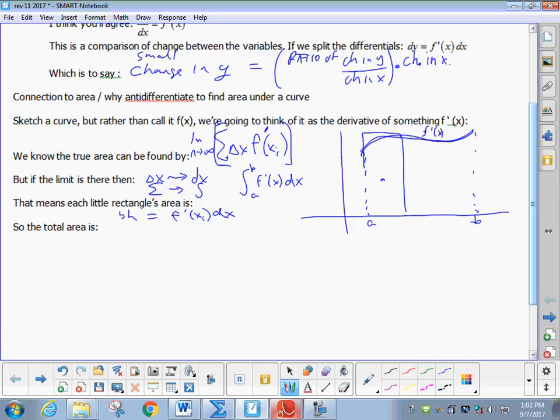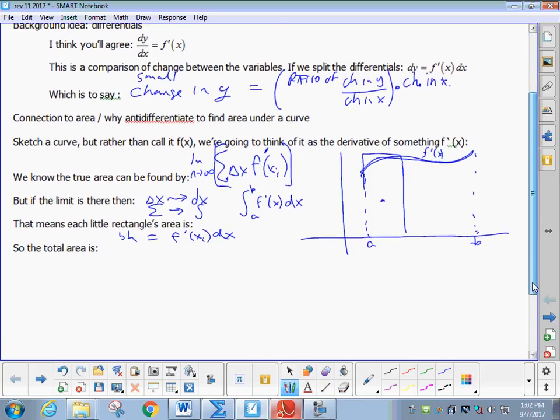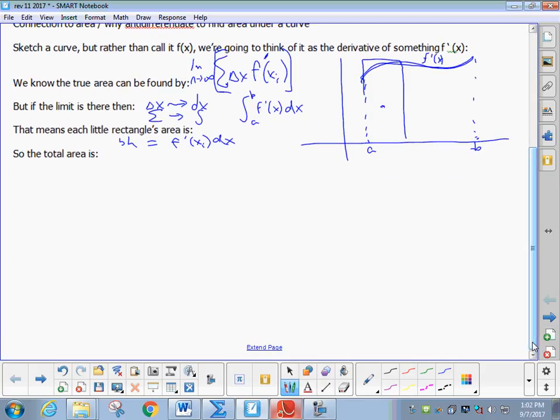The derivative, the rate of change, times a small change in x. That looks familiar. When you take a rate of change times a small change in x, that gives you a small change in y. Small change in y, dy.